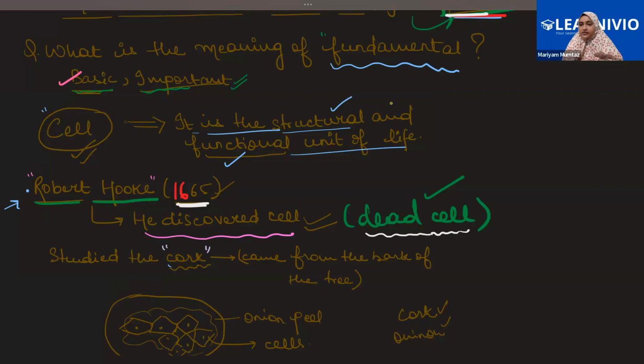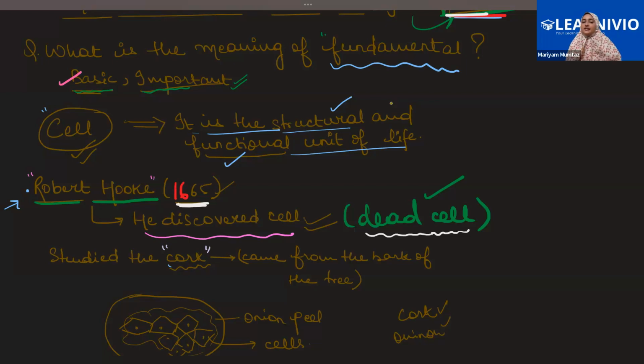He was the first person to discover the cell. He took cork cells, from the bark of a tree. The cells from the bark of the tree are known as cork cells. So he took out that cell and observed it under the microscope.